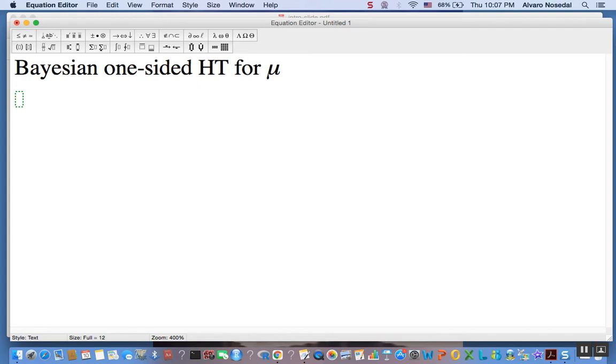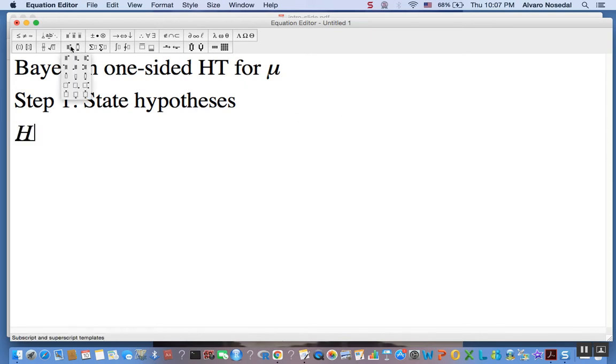Step 1 will be the same as for the frequentist counterpart. We state our hypotheses. Say for instance that you want to test H0, the null hypothesis, mu less than or equal to something.